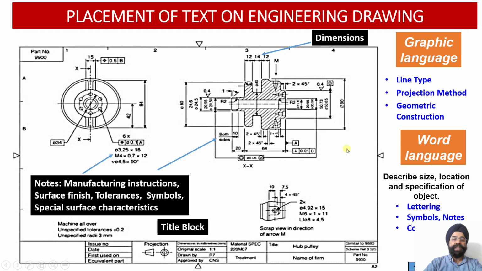So this is where the Gothic lettering comes into the picture, because we cannot afford that our text language should be misleading, incomplete or illegible, so that the person who is going to manufacture the component has a wrong description regarding the dimensions, the manufacturing instructions and the specific details of the components. This is where we can ensure efficient delivery of the instructions to the manufacturing people or the personnel in the manufacturing plant.